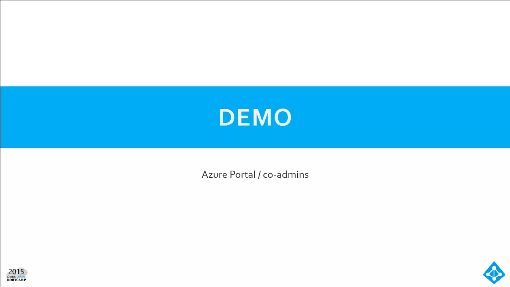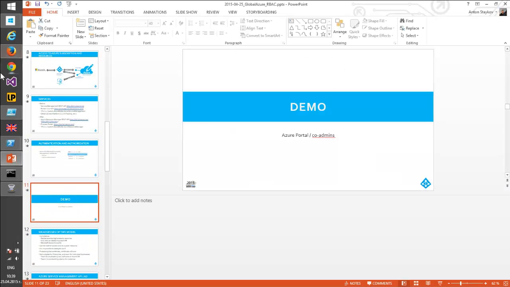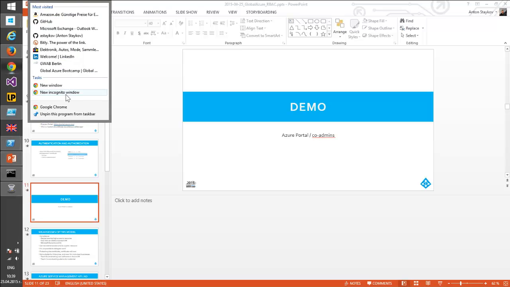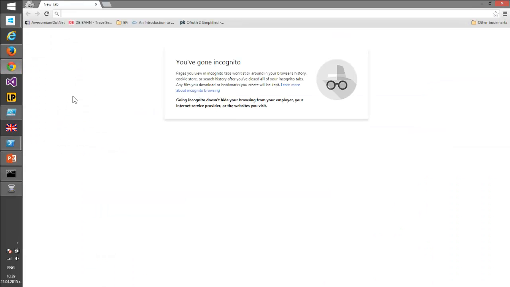So let me quickly show you a demo of how this authentication and authorization system works. First, I'll open, of course, an incognito window, and we'll navigate to managewindowsazure.com, which is the current portal.